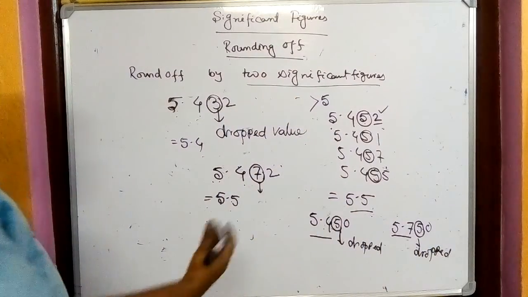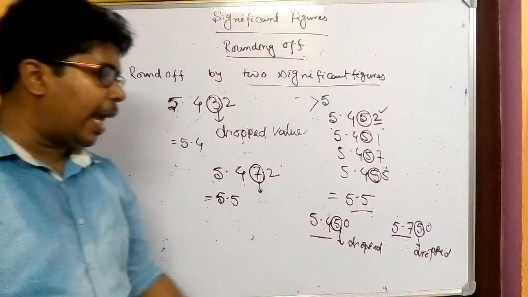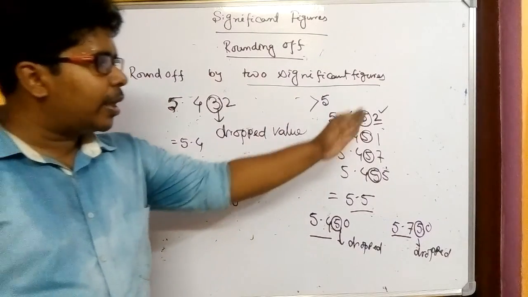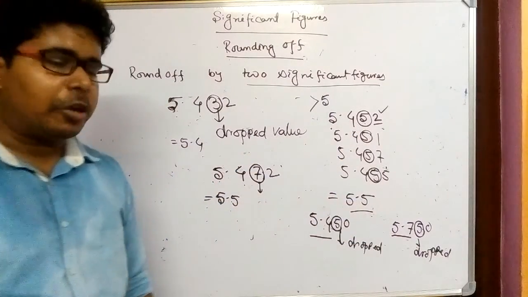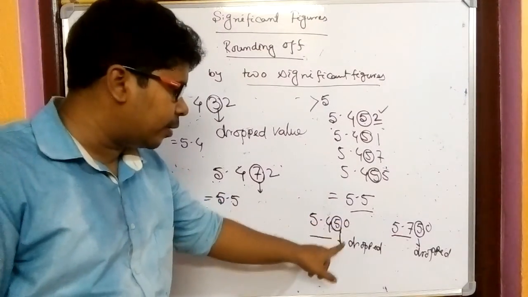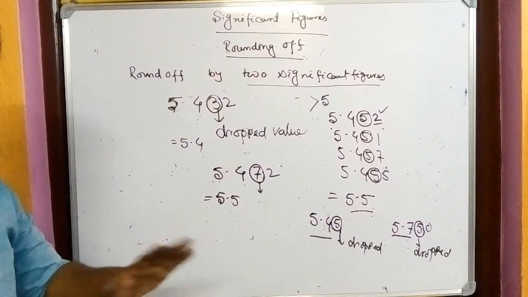If it is more than 5, then we'll add 1. If it is less than 5, then it will be as it is. But if it is equal to 5 and after that if there is a number, then it will be added by 1. If it is 0 or nothing is there, it is same.